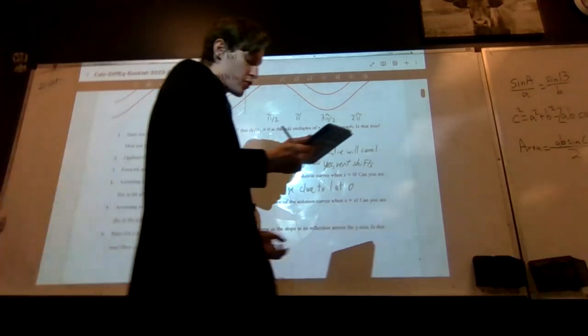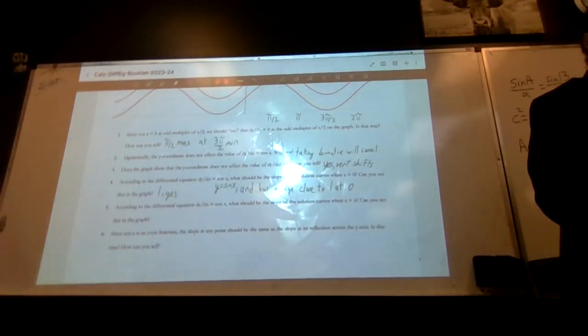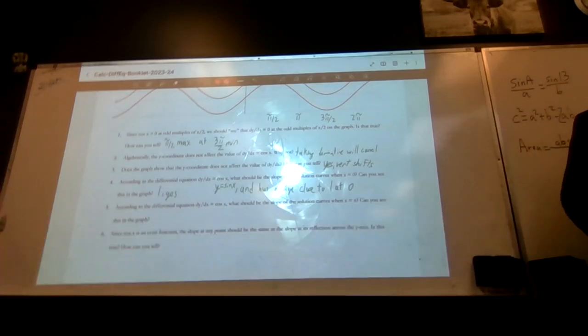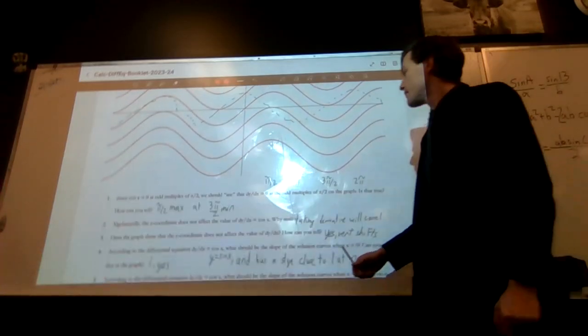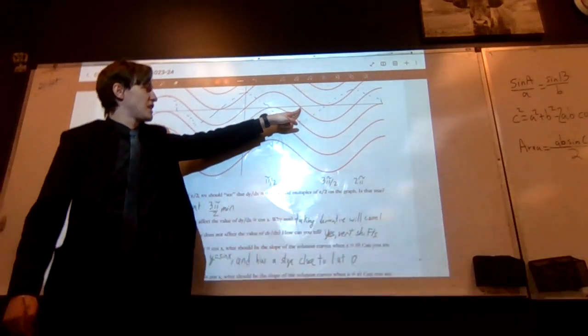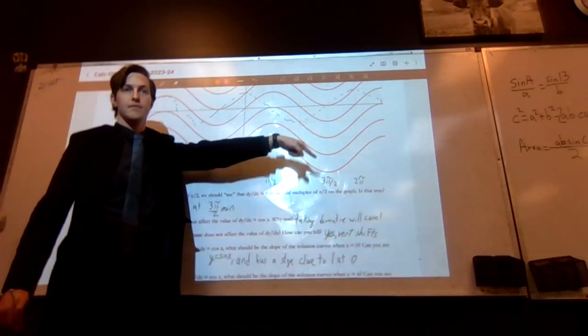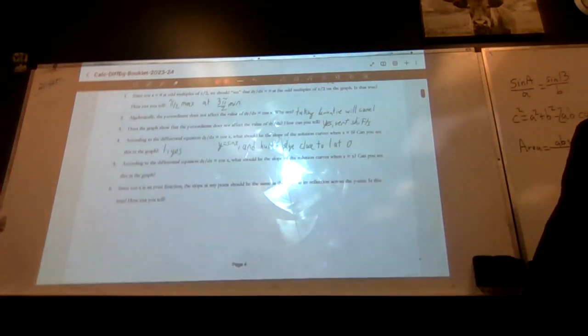According to the differential equation, dy over dx equals cosine x, what should the slope of the solution curve be when x equals pi? So let's look at x equals pi now. What does this look like right here? Not 1, but -1. Correct? And why is that?